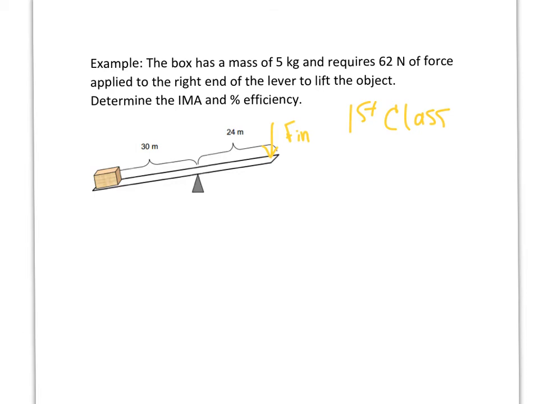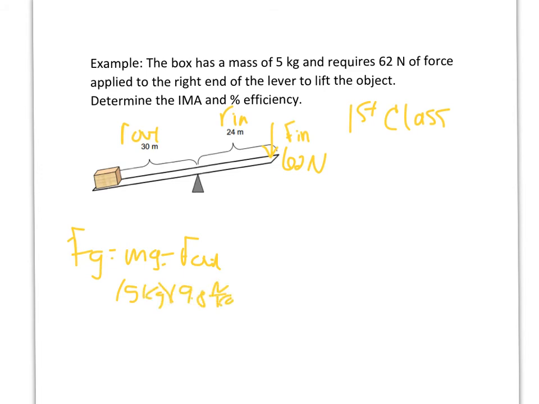It gives us 30 meters, which would be R out, and 24 meters, which would be R in. F in was 62 newtons. And the mass of the box is 5 kilograms. Fg equals mg, which equals F out. So 5 kilograms times 9.8 newtons per kilogram equals my output force. This would be 49 newtons.